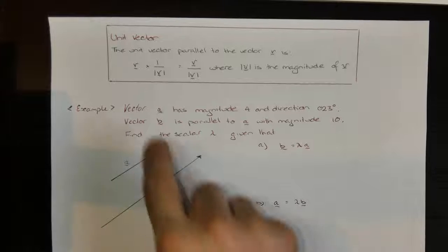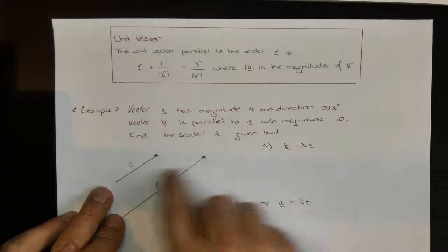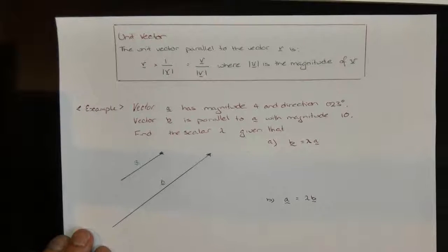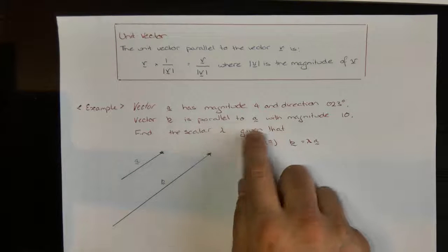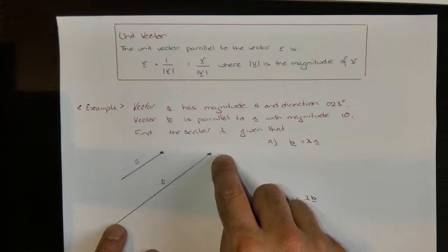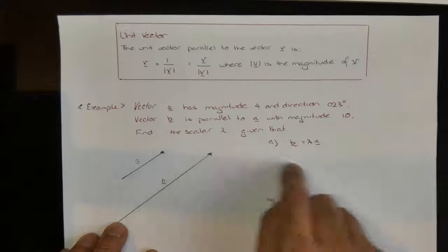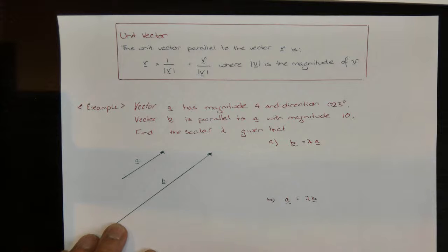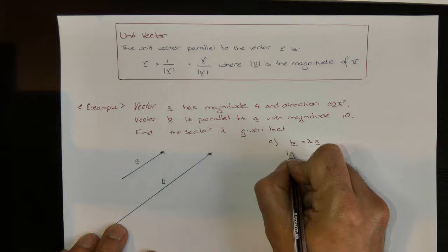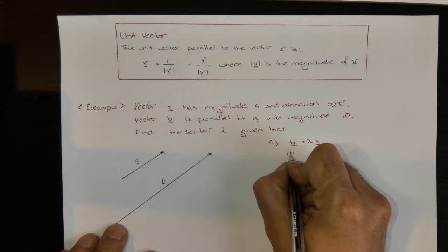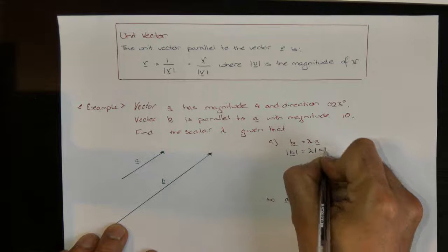Okay, so we have vector A. It has a magnitude of 4 in a direction of 23 degrees. Vector B is parallel, so it's got the same direction, but it's a different length, and it has a magnitude of 10. We want to find the scalar lambda given that b equals lambda a. So we know the magnitude of b is going to be lambda times the magnitude of a.